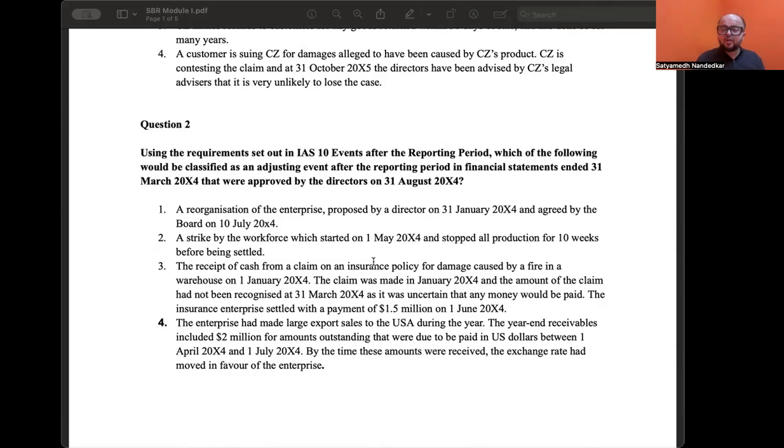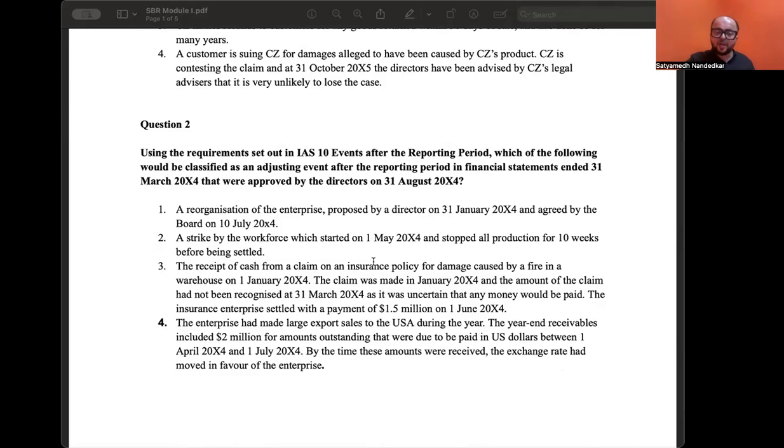And a constructive obligation on the balance sheet date means you should first have approval of the board of directors, and this decision has to be communicated to the stakeholders by way of a press release or a meeting or any other form of communication that reaches the ultimate stakeholders. If it doesn't reach the ultimate stakeholders, that means there is no constructive obligation.